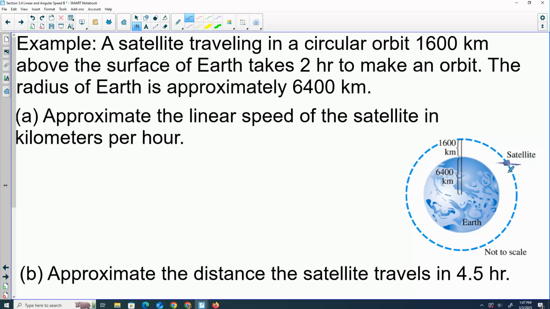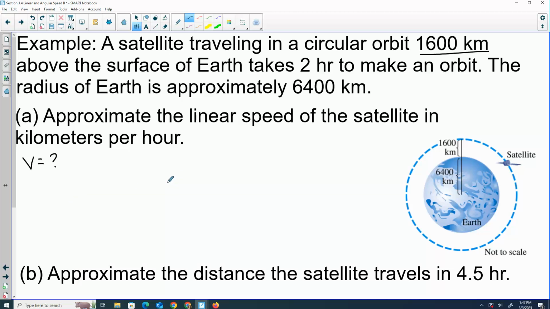A satellite traveling in a circular orbit 1,600 kilometers above the surface of the Earth takes 2 hours to make an orbit. The radius of the Earth is approximately 6,400 kilometers. So part A, I want the linear speed. So linear speed is v.